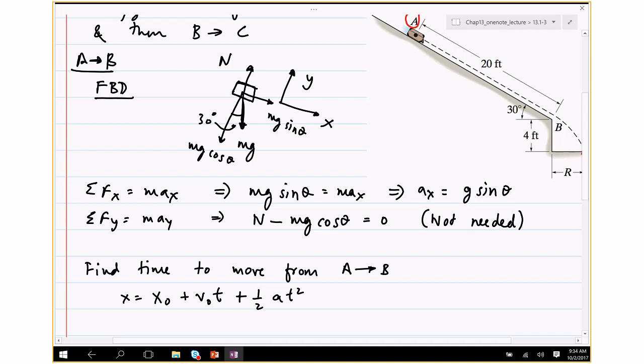Remember this formula? Again, I use this formula only because the acceleration is a constant. If acceleration was not a constant, I should not use this formula.